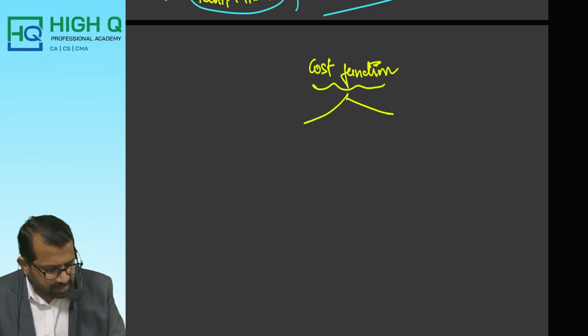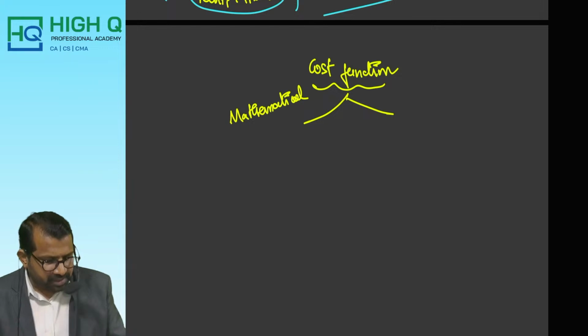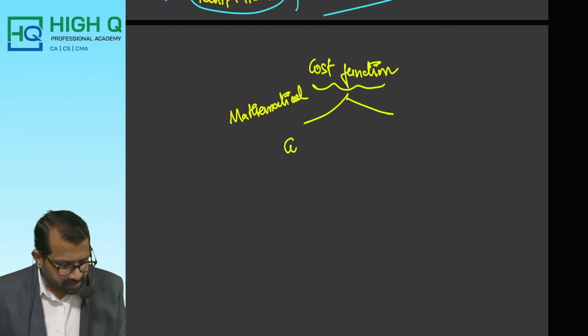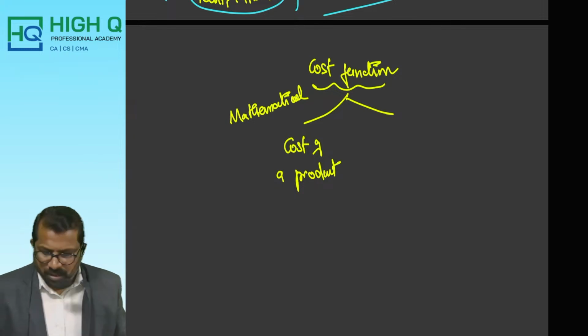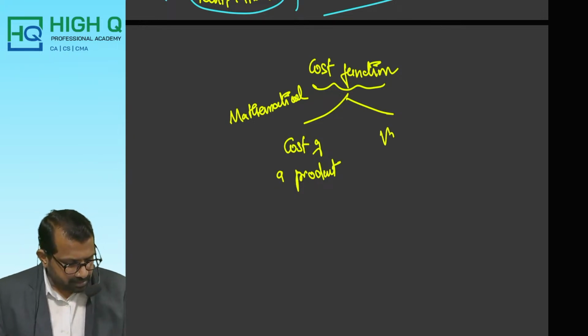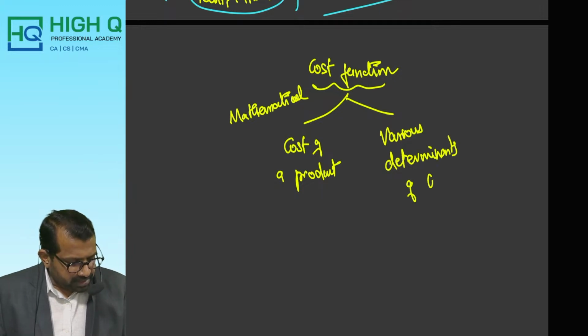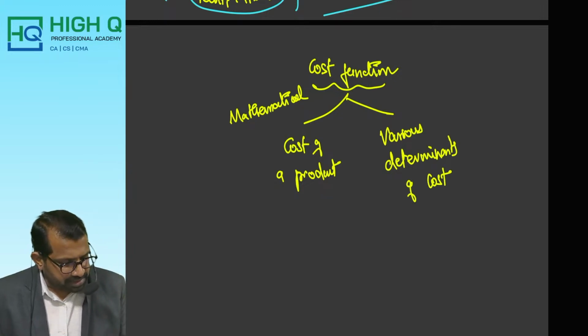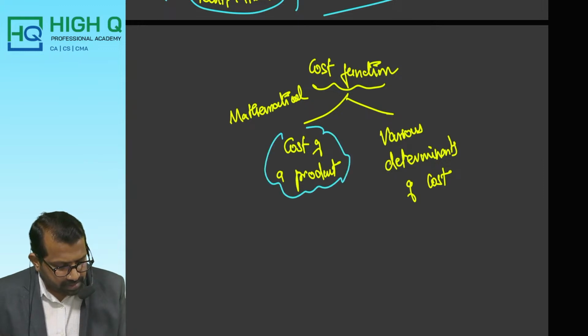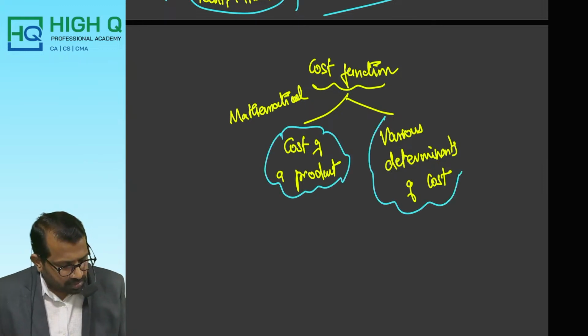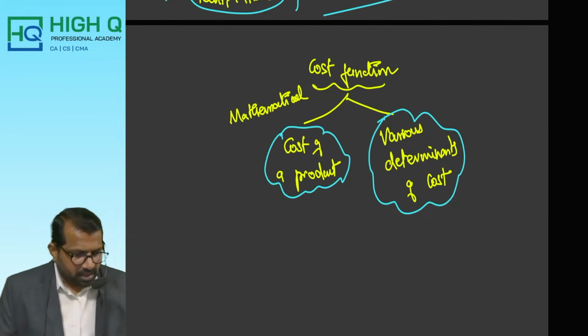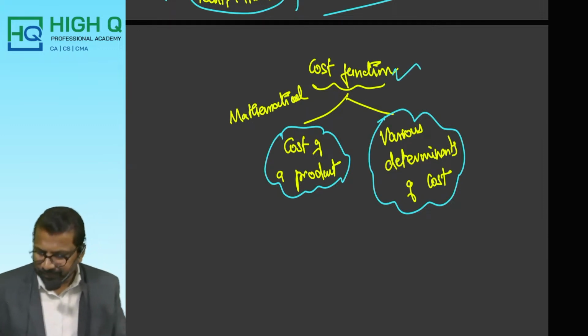A cost function is a mathematical relationship between the cost of a product and various determinants of cost. So it's a relationship between the cost of the product and the various determinants of cost, called the cost function.